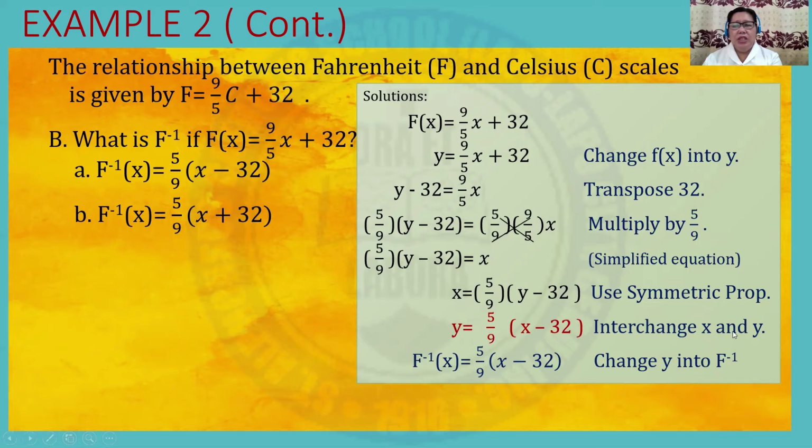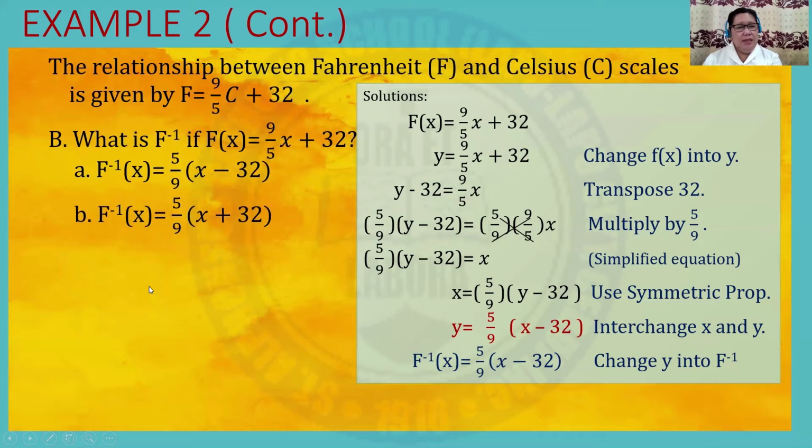And then interchange X and Y. From X, it becomes Y. And then copy 5/9. Then change Y into X. Copy -32. And then change Y into F to the -1 of X to represent the inverse function, equated to 5/9 times the quantity X minus 32. So this is the answer.